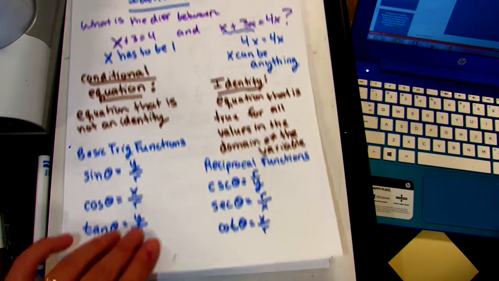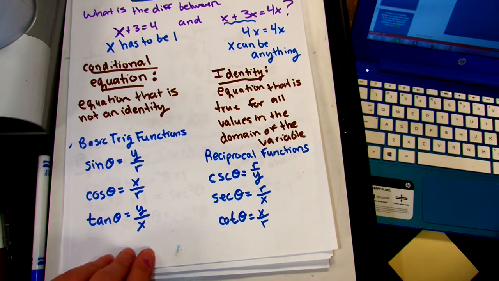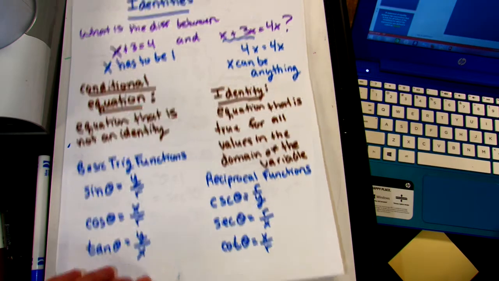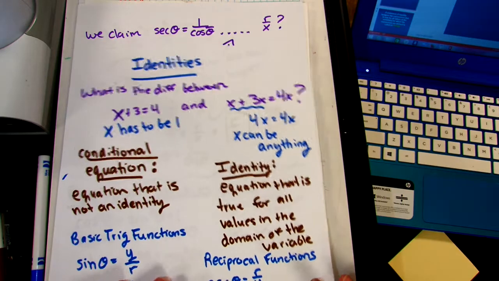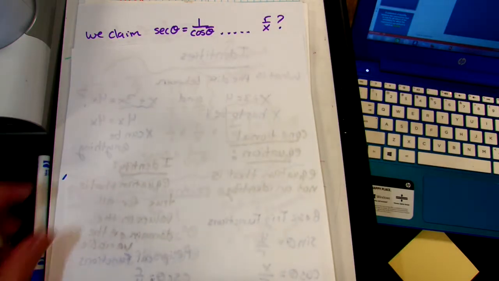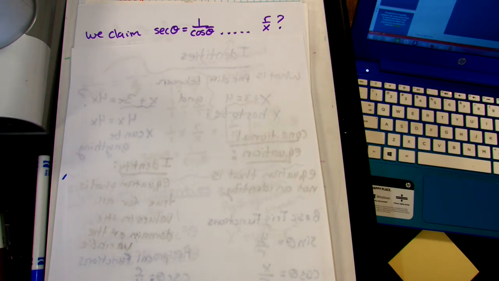So when we say that secant is the reciprocal of cosine, we are claiming that secant is equal to 1 over cosine. And that gives us r over x. How did we get that? How did we get from 1 over cosine to r over x? Because remember, the definition for secant theta is r over x.